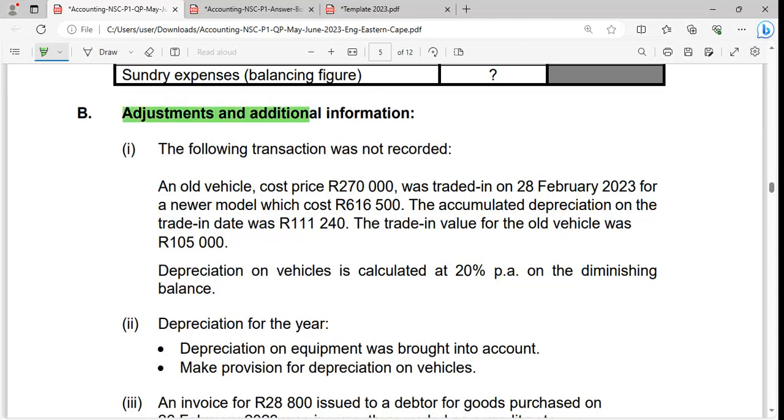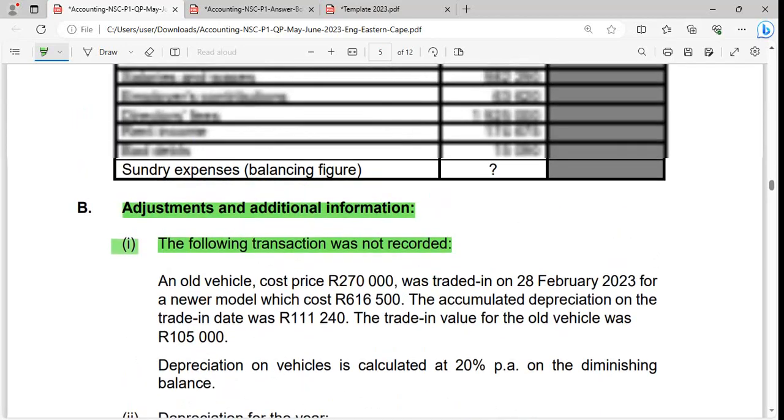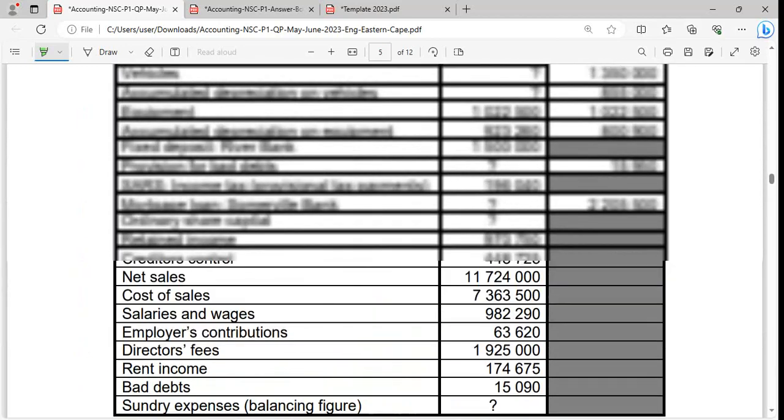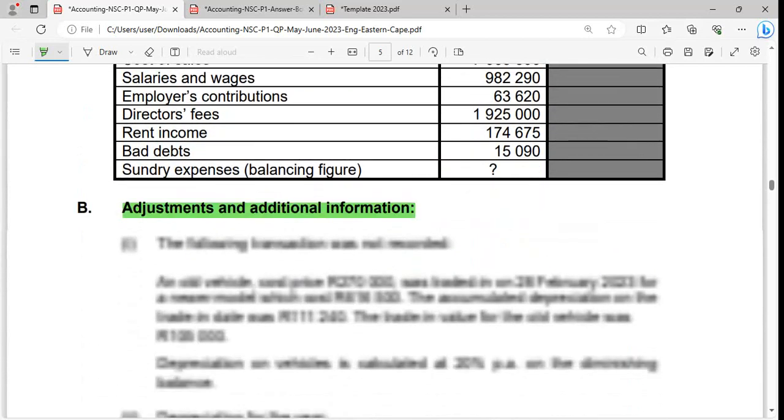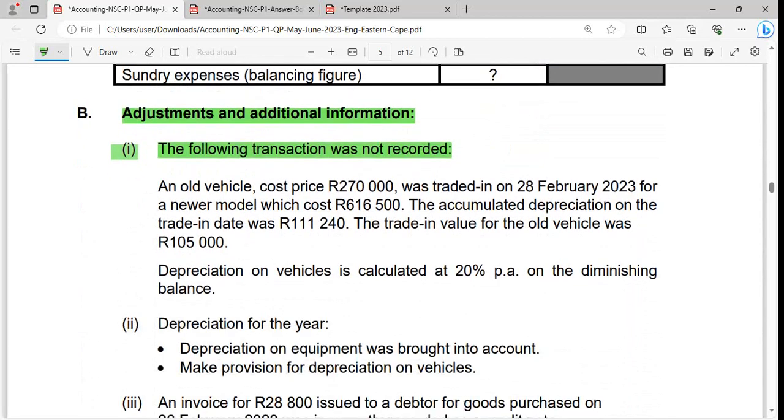So this is information B, adjustments and additional information. So B1, the following transaction was not recorded. Guys, please note this was not recorded, meaning the above trial balance, so the given trial balance does not have the effect of this transaction because we are told that this was not recorded.